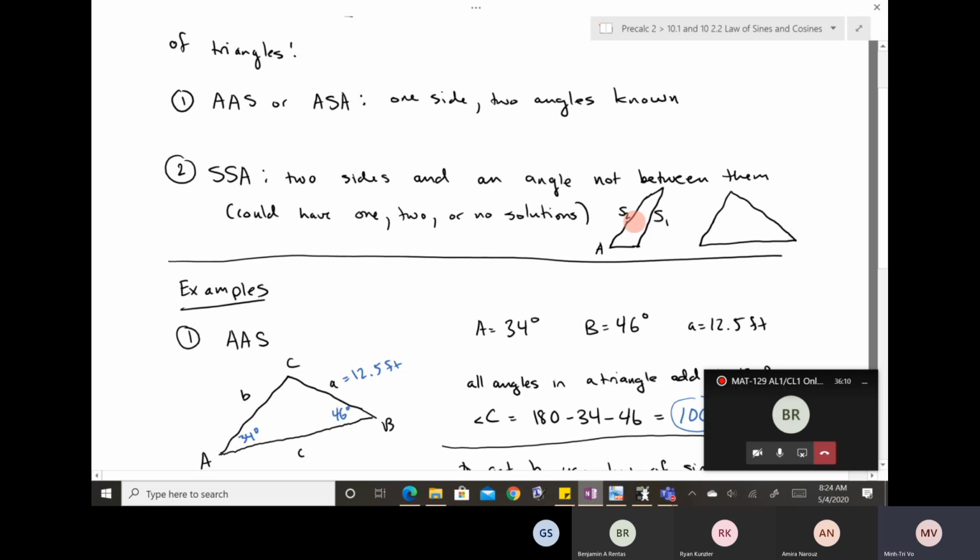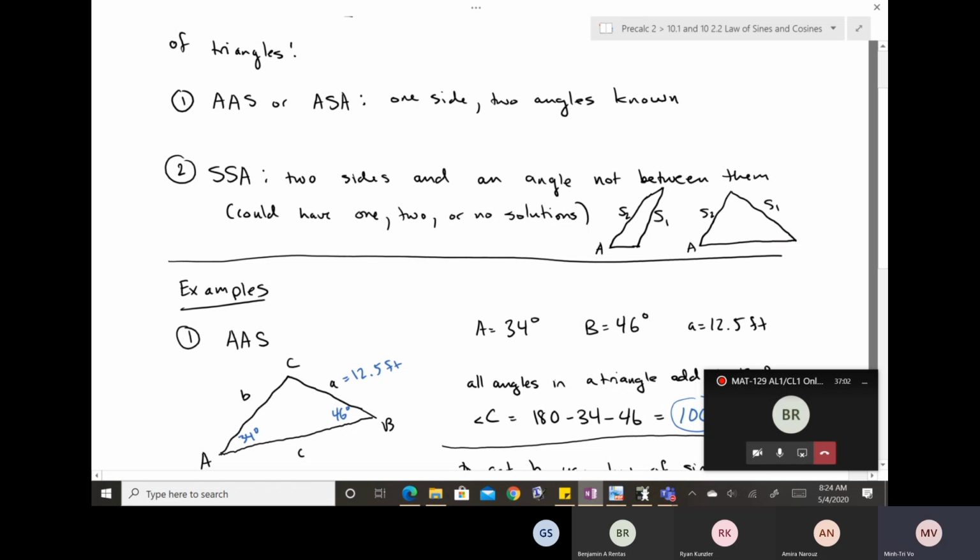Let's call this S1, S2, and A. So this is S2 and A. I didn't draw this example very well, but in any case, this is essentially the situation where I can draw two different triangles that have the same side lengths, and then angle A is the same, but the top angle and the other angle are different. So the unknown sides can be different in these two triangles.